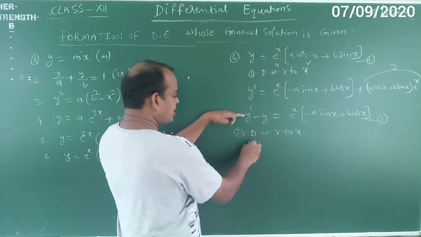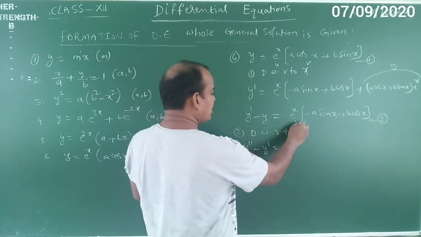y' derivative y'' minus y derivative is y', is equal, again uv method.